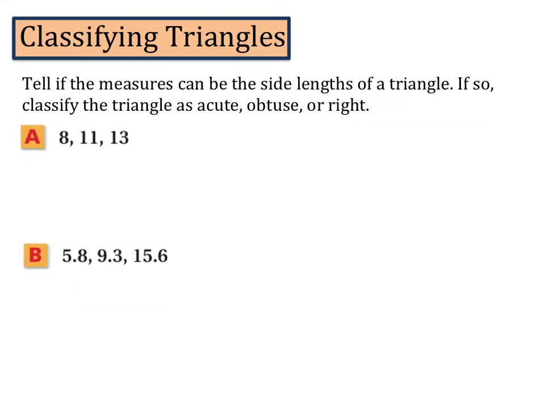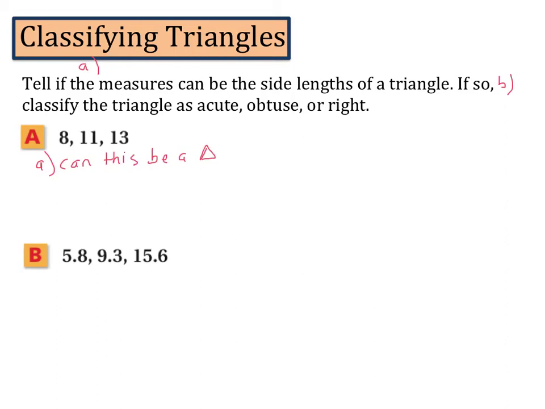Now let's use the Pythagorean Inequality Theorem to help us determine if the measures can be the side lengths of a triangle, and if so, classify the triangle as acute, obtuse, or right. So there's two parts to this. This is part A, and this is part B. In part A, we're trying to determine, can this be a triangle?